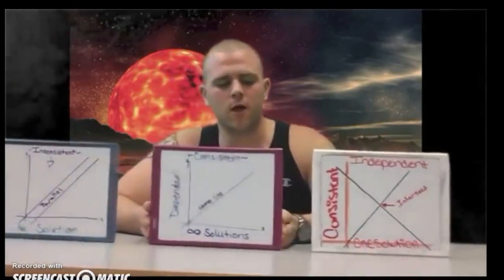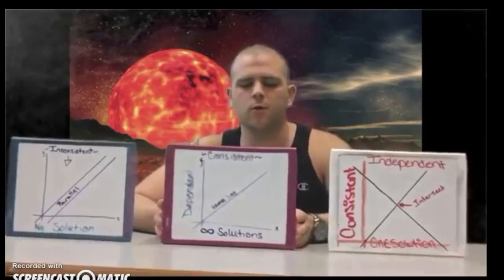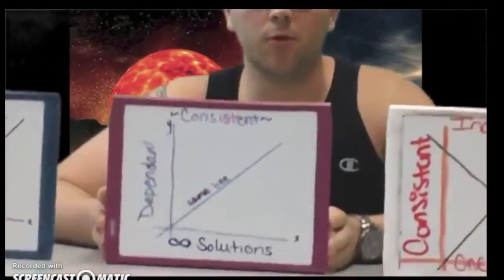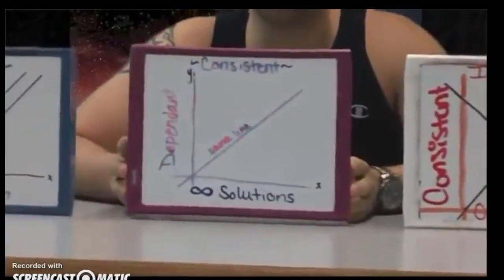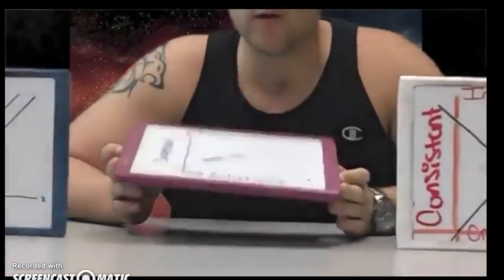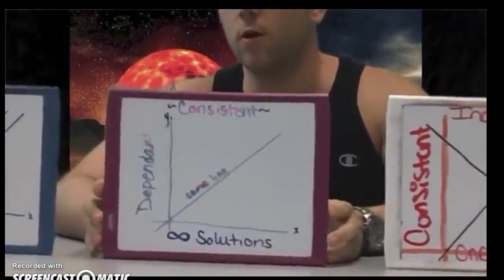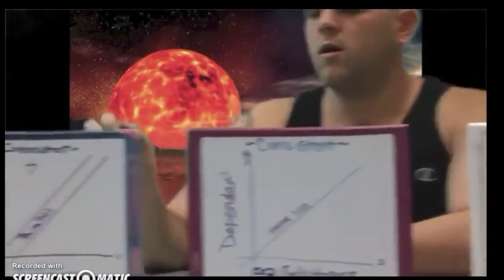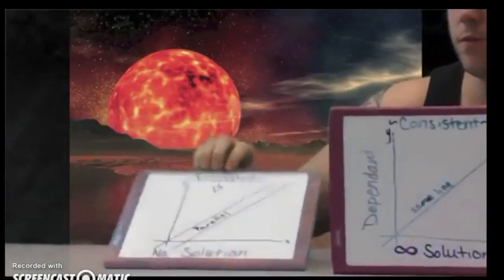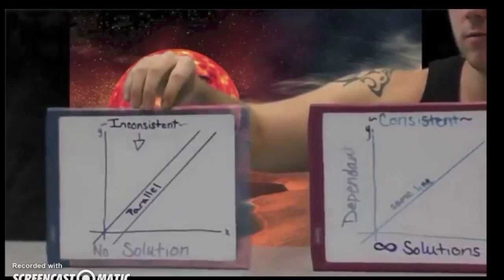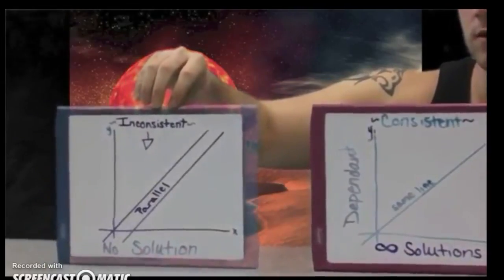If the lines have the same slope and the same equation, and they both go the same direction, on the same grid coordinate, there are infinite solutions because they're always touching. If they're parallel to each other, there is no solution. The lines never touch because parallel lines never meet.